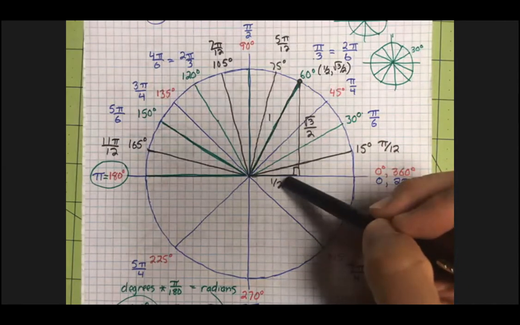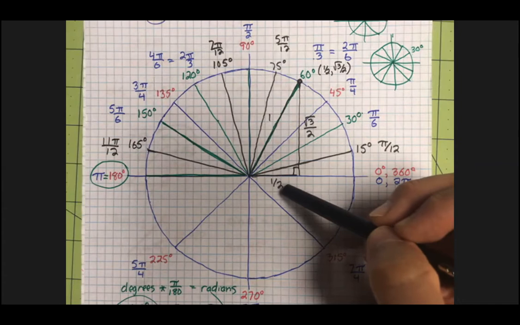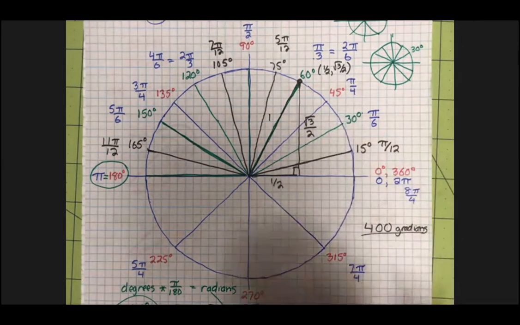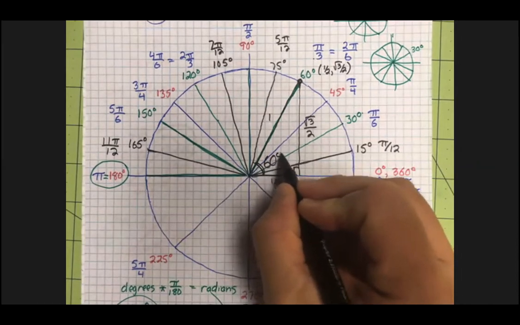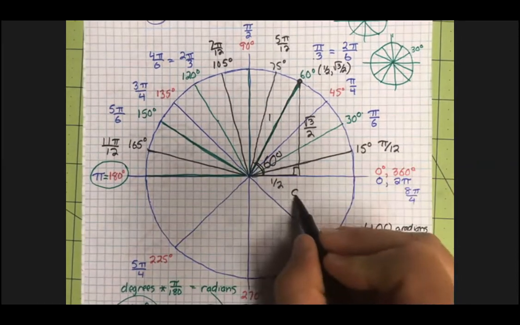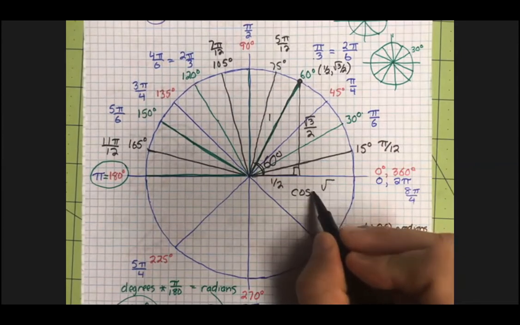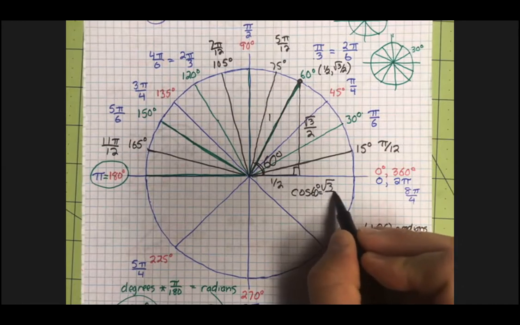Short side in a 30, 60, 90 is always 1/2 of the hypotenuse. So that makes the short side 1/2. And the long side, root 3 over 2.